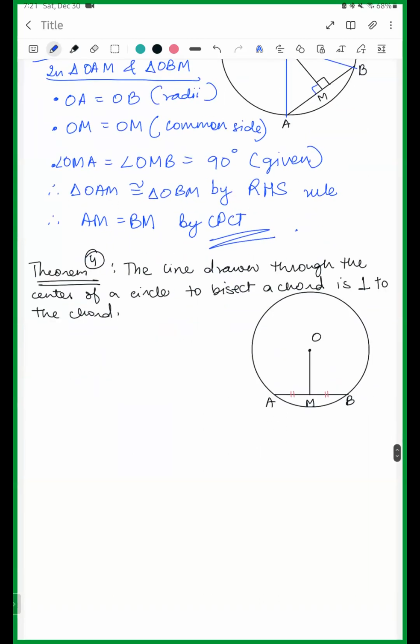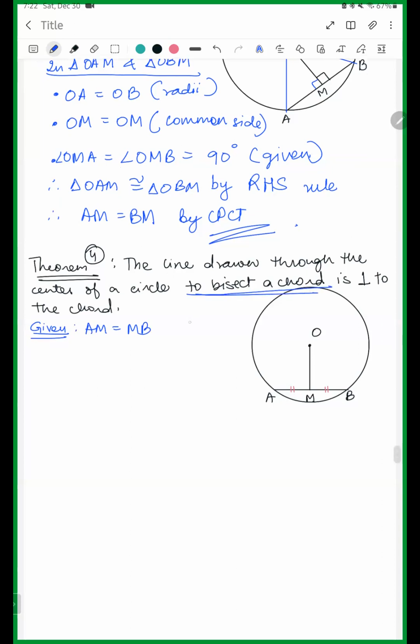Okay. So, given AM is equal to MB, right? The line drawn through the center of a circle to bisect a chord. So, it's already given to us.